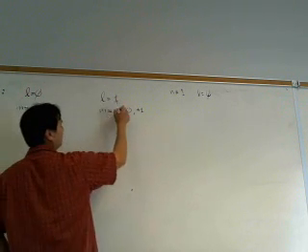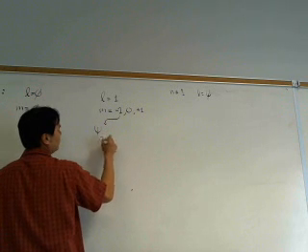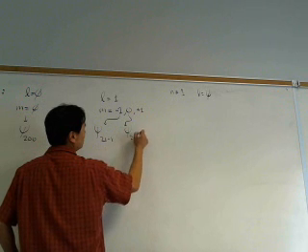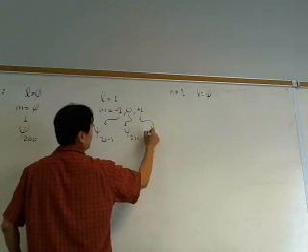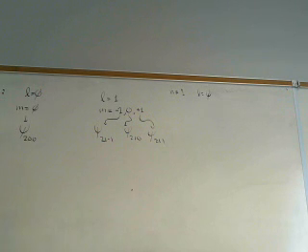Then we get a psi 2, 1, negative 1, followed by a psi 2, 1, 0, and then a psi 2, 1, 1. We can do the same thing and take a look at the wave functions for these.